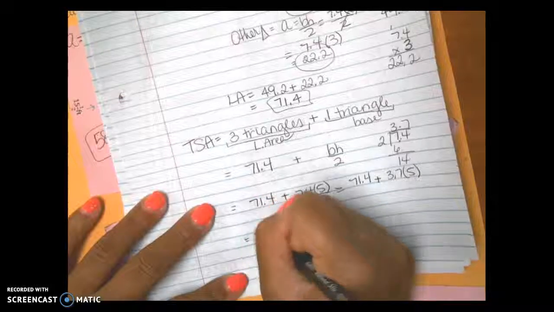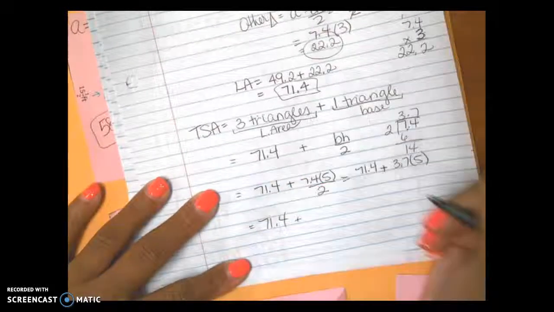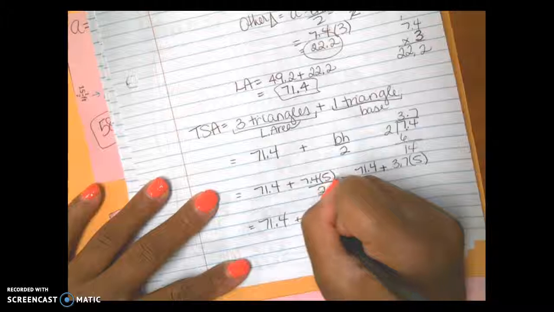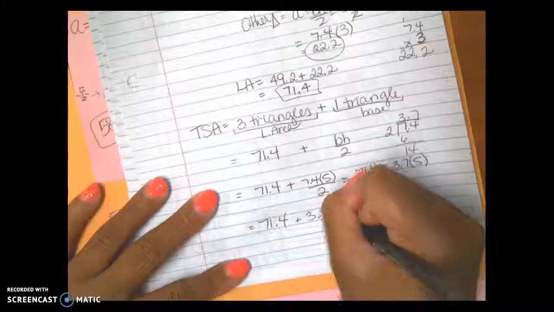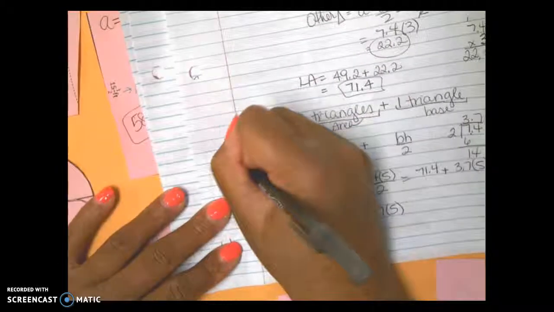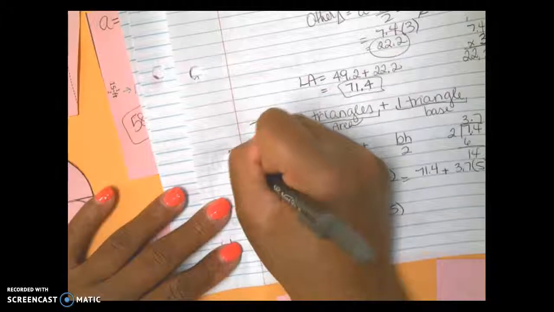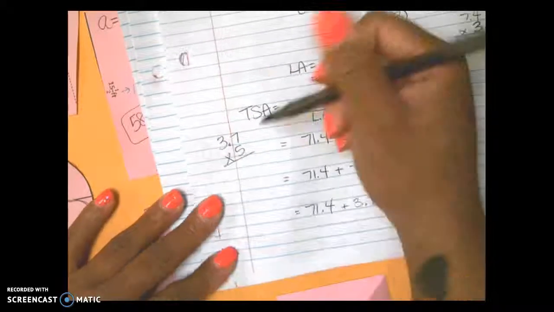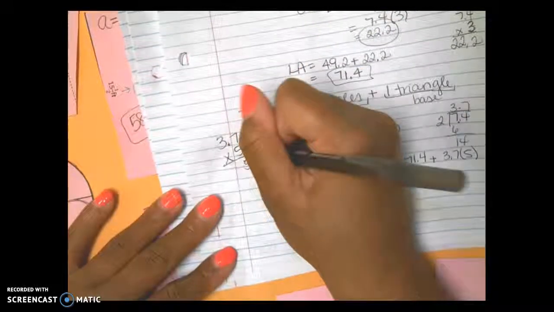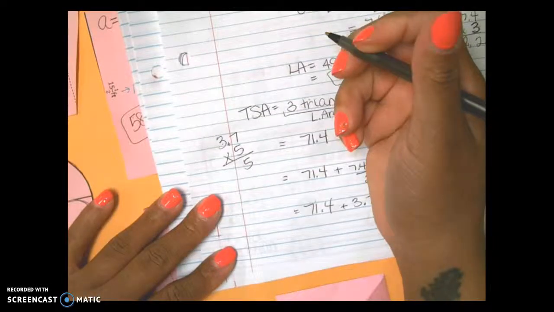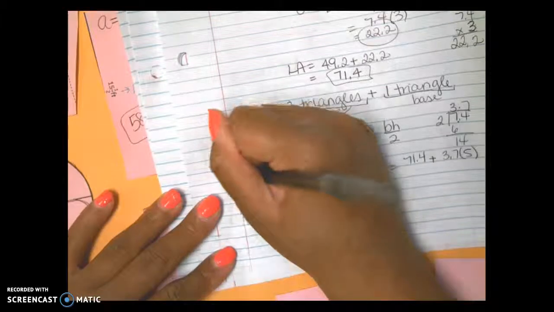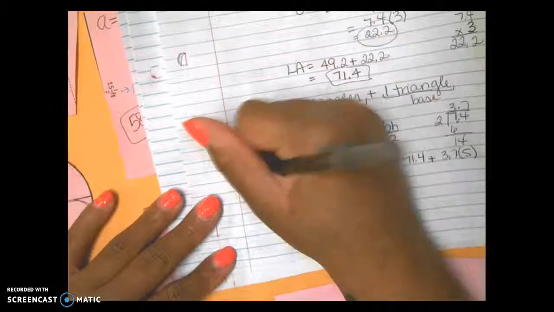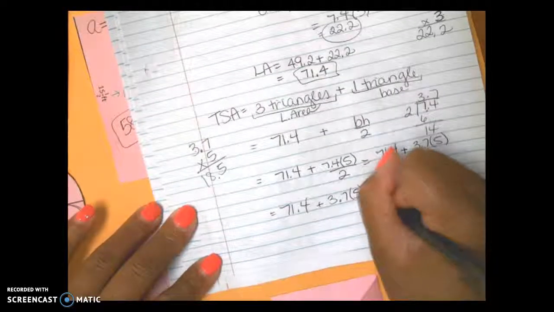Let me rewrite it over here. 5 times 3.7 is 18.5. Stay focused.